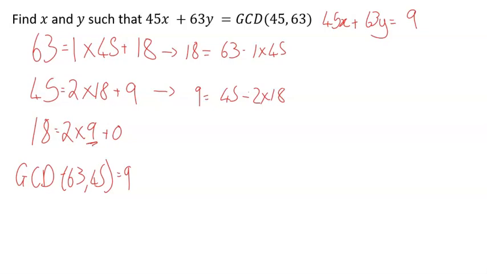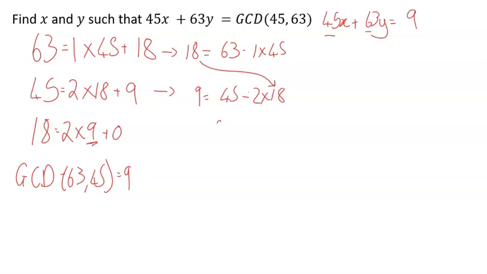Now, how does this help me? Well, I want to write all of this in terms of 45 and 63, from my original function it's asking me for. I've got an 18 here, but if I take this and substitute it in there for the 18, I can write the entire thing in terms of 63 and 45, and then I'll have the solution that I'm after.